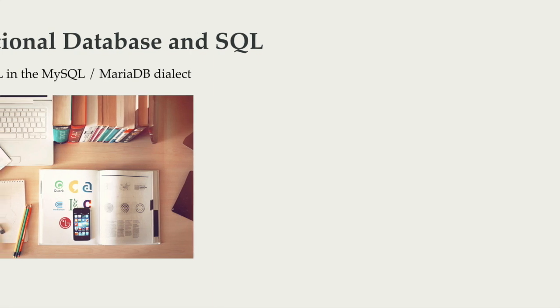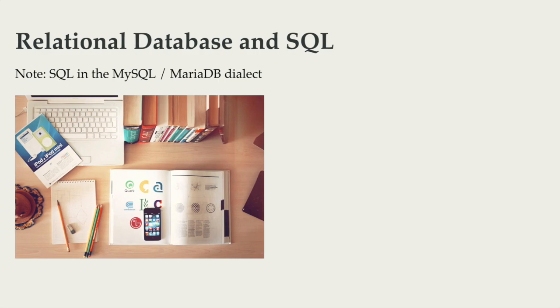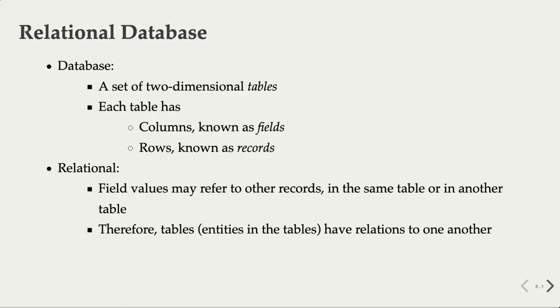Let's talk about relational database and SQL or SQL today. A database is a set of two-dimensional tables. You can think of a data table as a spreadsheet like Excel, in which you have columns or fields and rows.